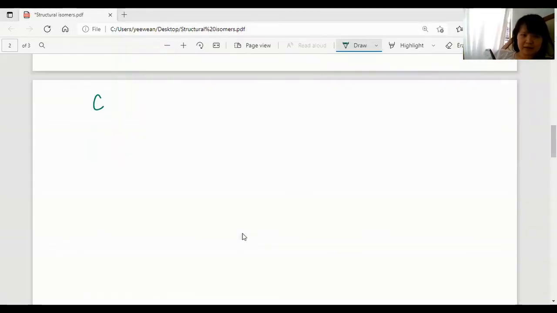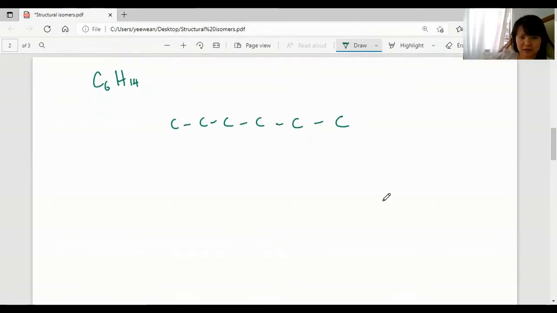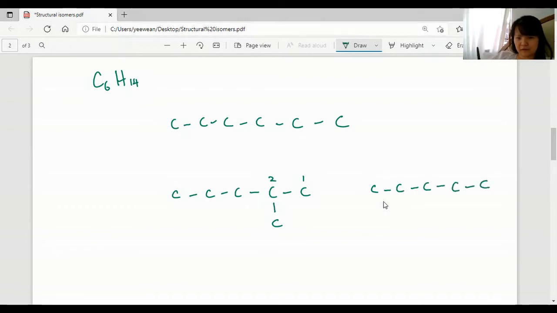Let's try C6H14. So this is a longer chain. 1, 2, 3, 4, 5, 6. I'm going to fill in the hydrogens in a while. Let's see how I can alter this chain to something that is a chain of a pentane. 5. 1, 2, 3, 4, 5. I can put it here. That's number 1. Number 2 has the methyl. 1, 2, 3, 4, 5.